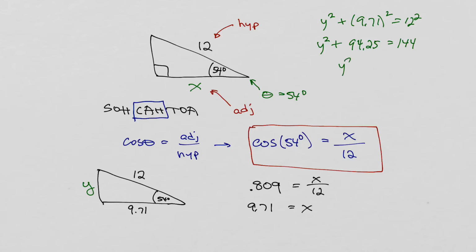So I would have y squared, if we take this over, gives me 49.75. And then if I take the square root of 49.75, that gives me 7.05. So then I could make this side y and write it as 7.05.